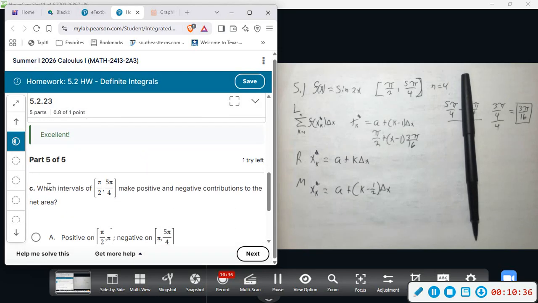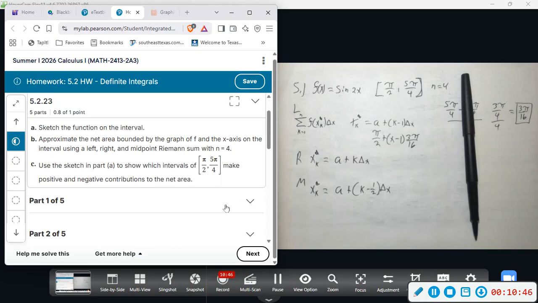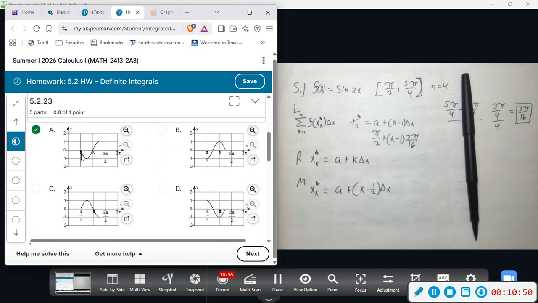Now it says, which intervals of this make a positive and negative contribution to the net area? So if we look at our graph, we can see that from pi half to pi, we're getting negative, and then from pi to the end, we're getting a positive contribution.